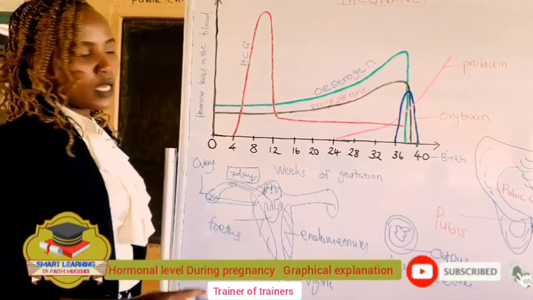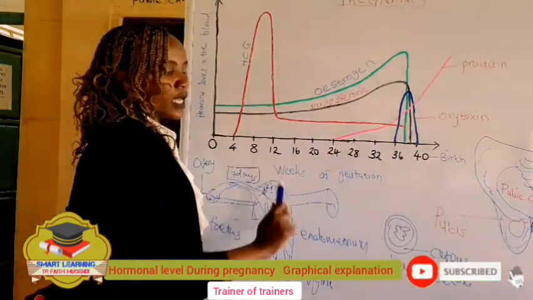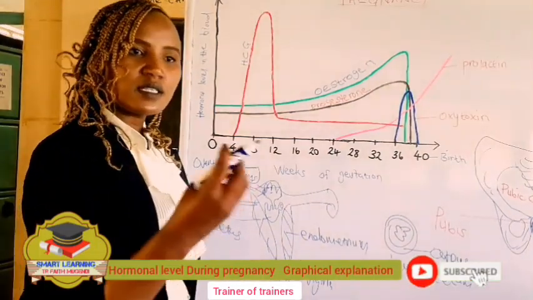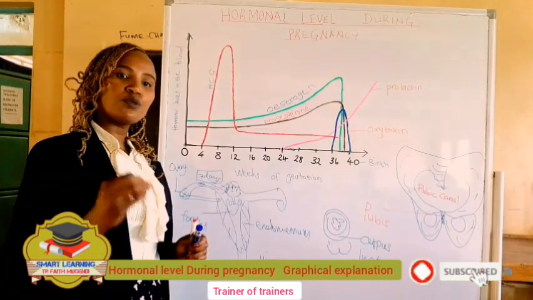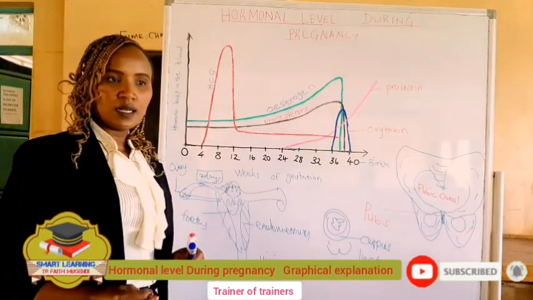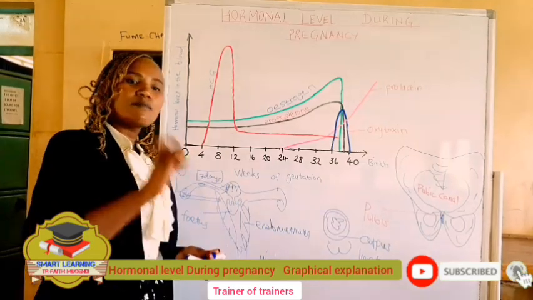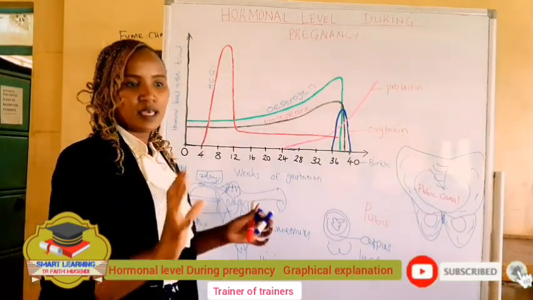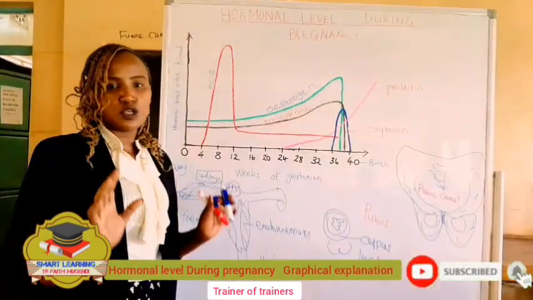And the purpose of estrogen and progesterone is to ensure that the endometrium is sustained. What do we mean by saying that the endometrium is sustained? We mean that the endometrium remains highly vascularized and thickened so that it is able to maintain the fetus in the uterus.